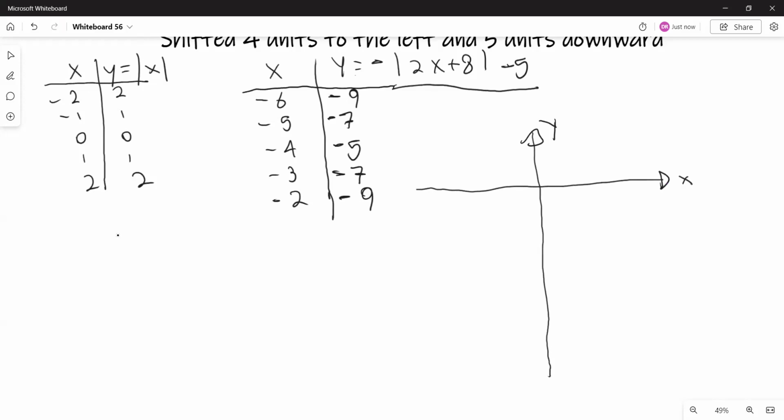Okay, so x values, we got them from -6 to 2. And then we have this all the way to -9.